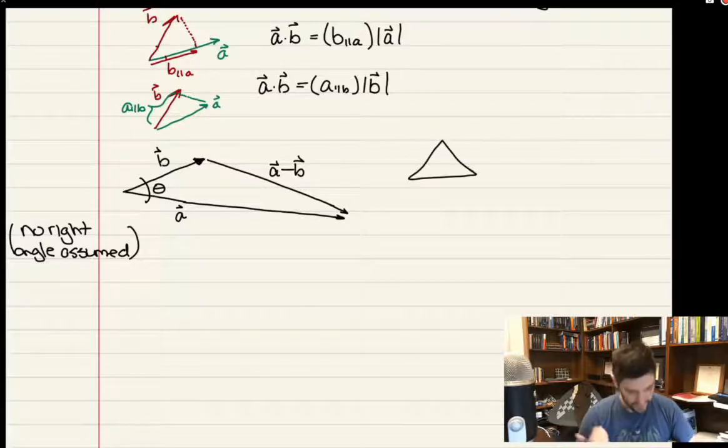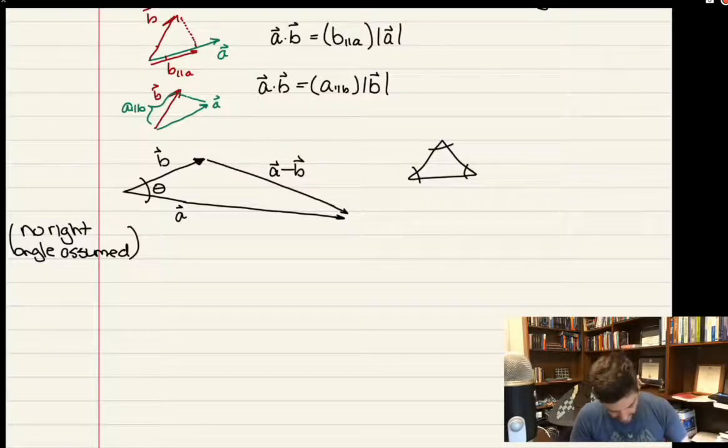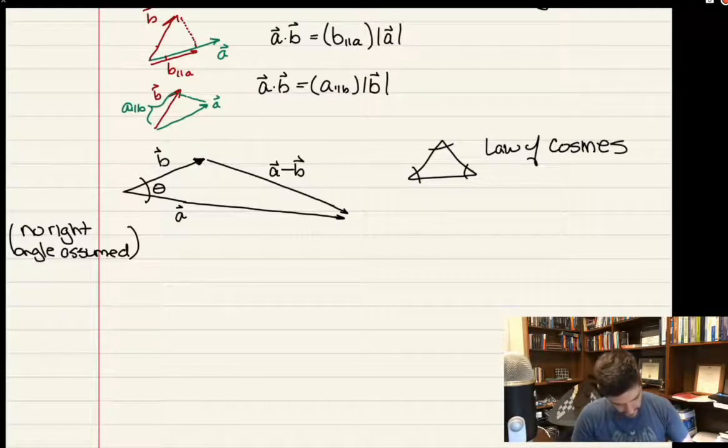For some arbitrary triangle that has some angle with various lengths, you cannot use the Pythagorean theorem to relate the lengths to one another, but you can use the law of cosines. If this is theta, this is A, this is B, this is C, remember that the law of cosines says that c squared equals a squared plus b squared, looks like the Pythagorean theorem, but then remember there's the correction term.